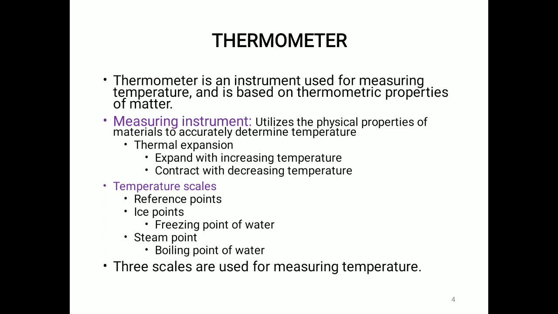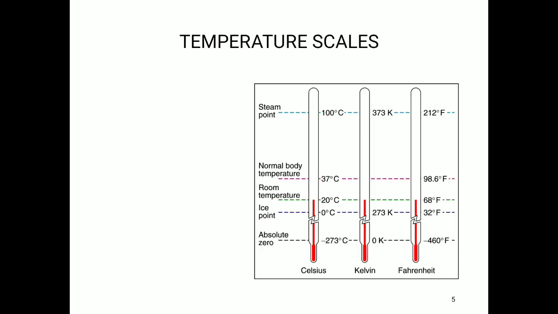So basically three different types of scales, or in other words three different units, are majorly used for measuring temperature. Now look at this. These are the three temperature scales: Celsius, Kelvin, and Fahrenheit.